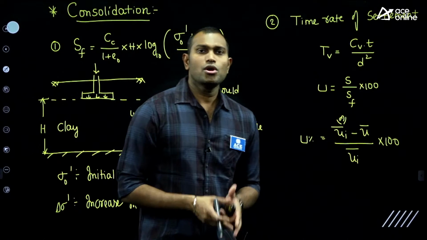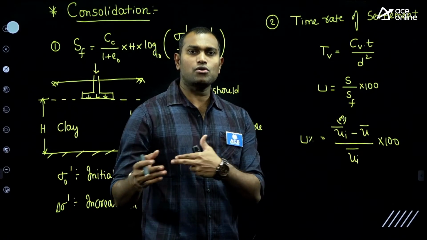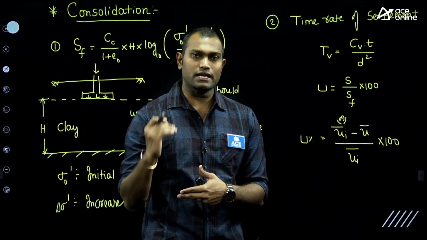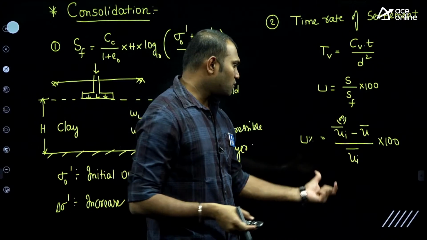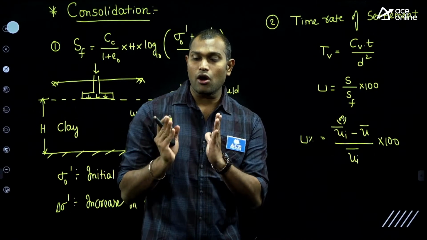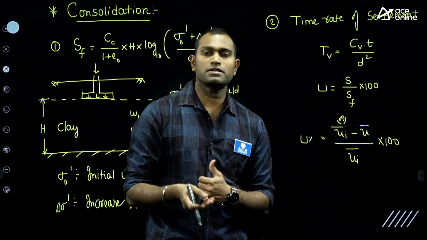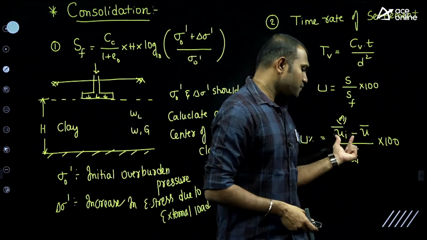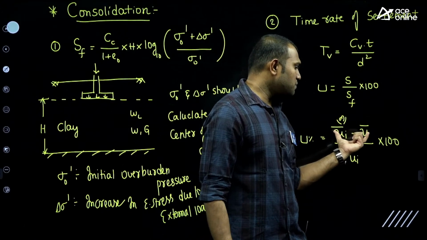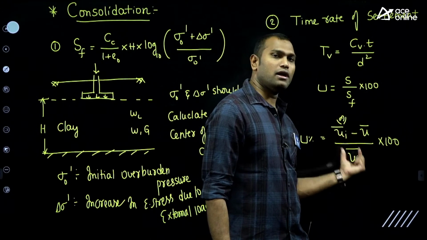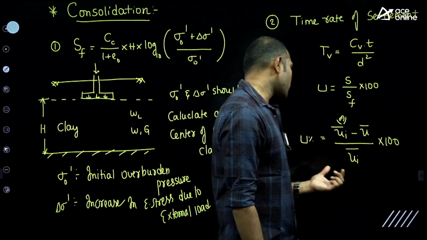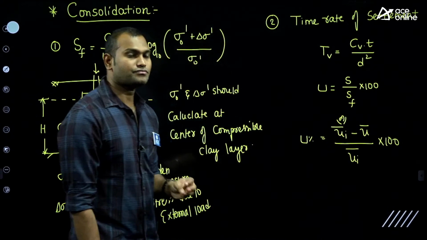With time, during consolidation, as water goes out, the excess pressure decreases. So in simple words, the degree of consolidation is how much the excess pore water pressure decreases, in terms of percentage. Initially ui bar, and after some time u bar, this much is decreased out of ui bar. So this is how you find the degree of consolidation.